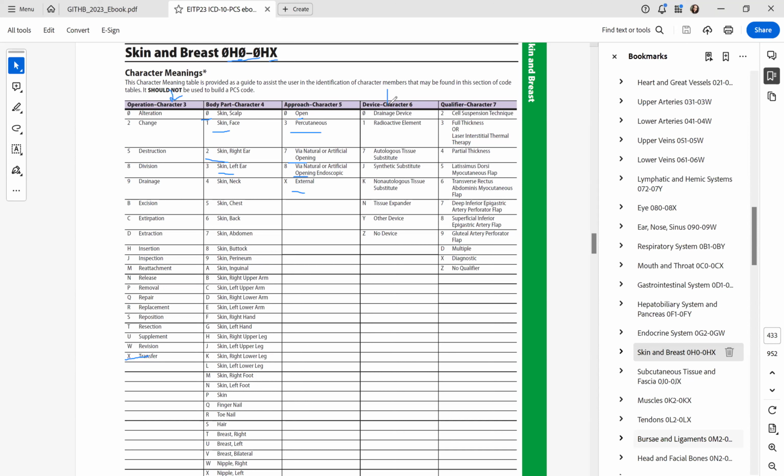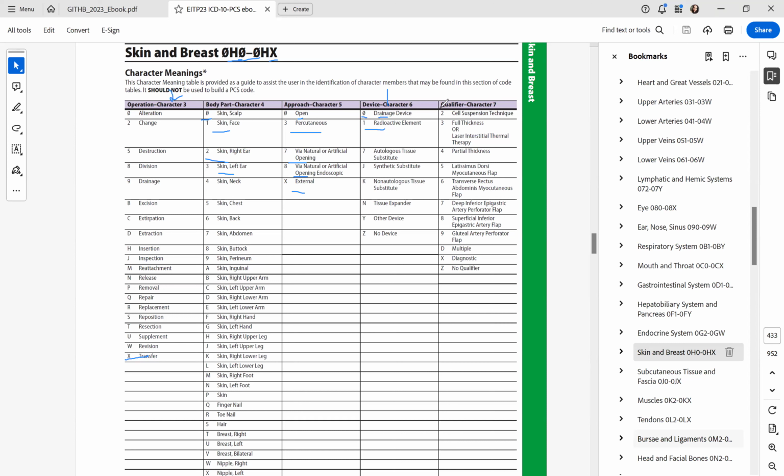If we have a device, could be a drain, would be character 0 in the 6-character slot. If it's a radioactive element, it would be 1, and so on.